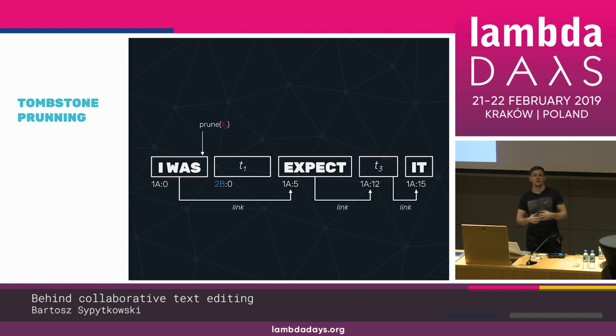And then at any arbitrary point in time, we can send another special kind of operation, which is prune with some new timestamp. This way we say, remove all of the tombstones that have timestamps lower than the timestamp I've created in this prune operation. We can simply compare the timestamp of each tombstone and remove the ones that are below the threshold that we are no longer interested in.